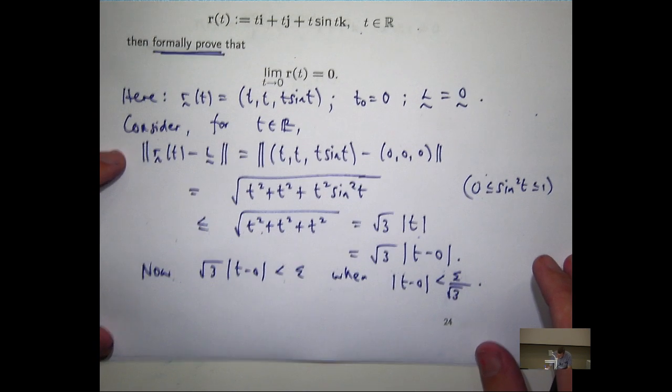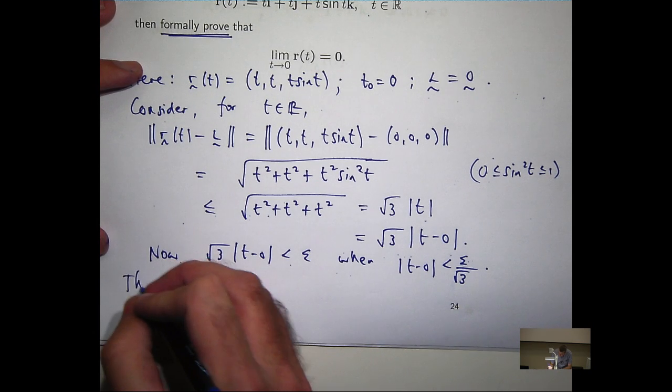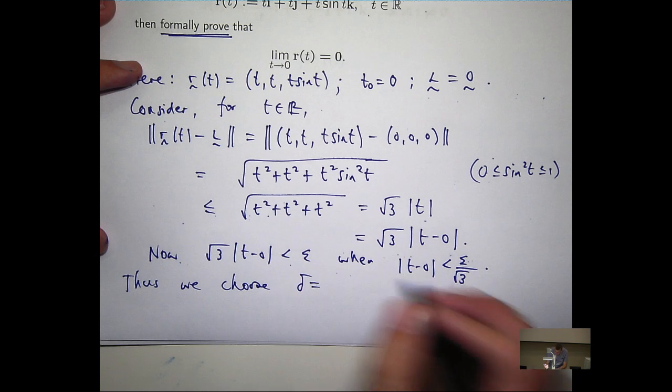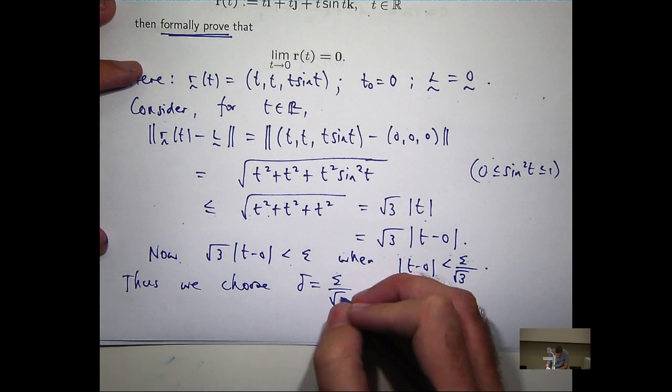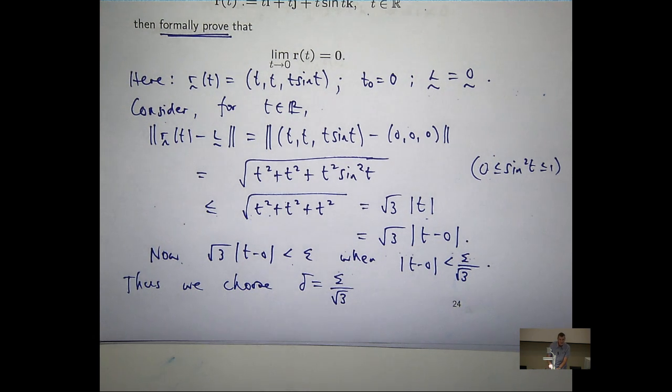So the important thing here is that we're now going to choose or construct the delta from that definition. Now delta will normally depend on epsilon. So you're given some sort of epsilon and then you can choose your delta.